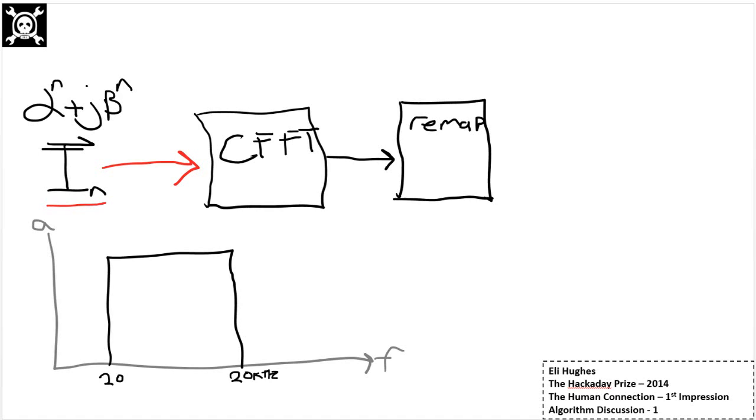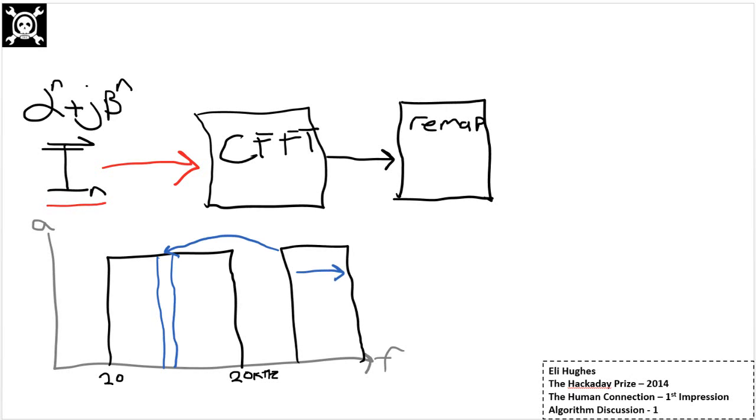And let's take another band here that's way above. All right. And we want to pick a slice, just like this, and we want to remap this in this area.